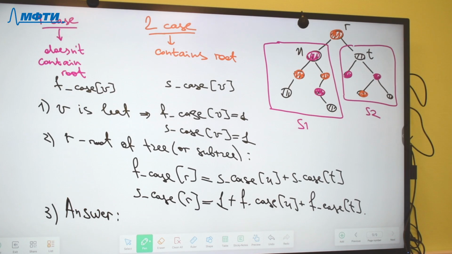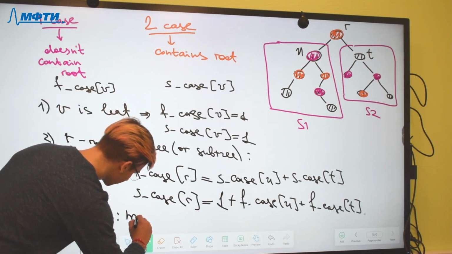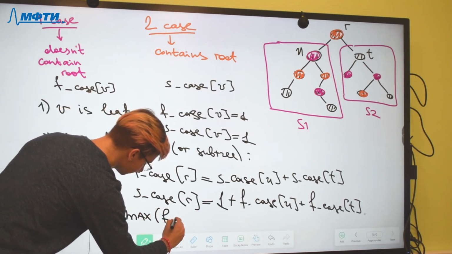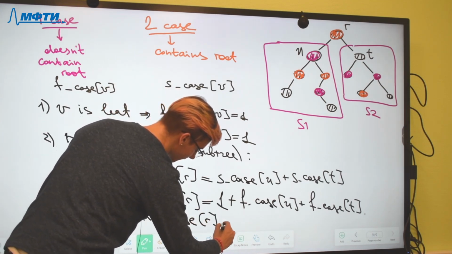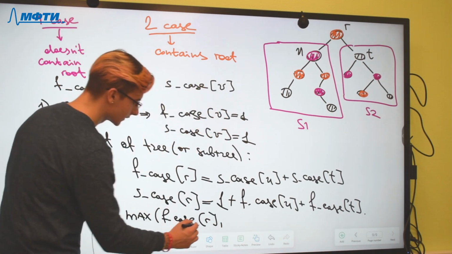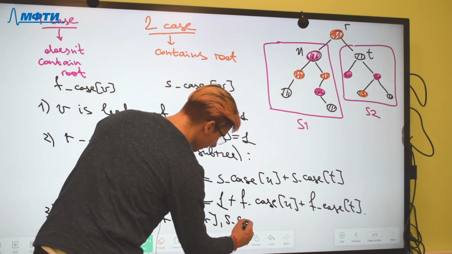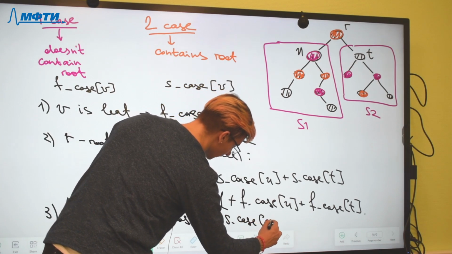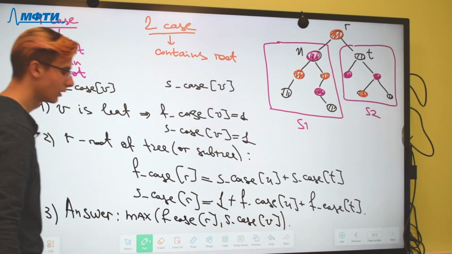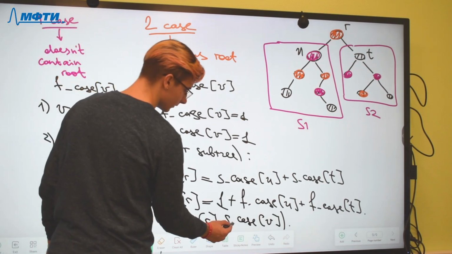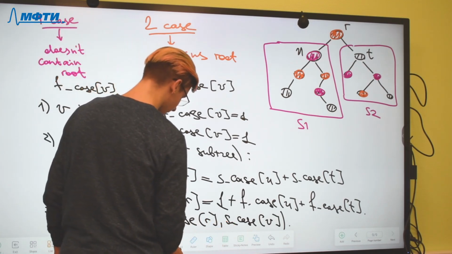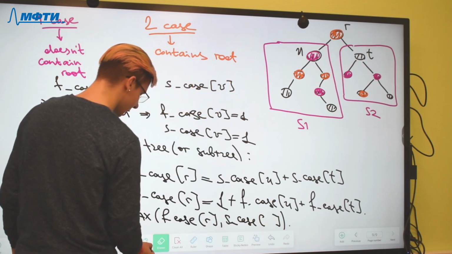And then how do we find the answer for our question? What is the answer? Yeah, it is the maximum of these two, the first case and the second case, of R. Yes, you're right.